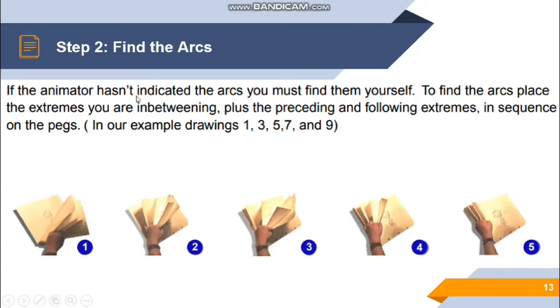If animators haven't indicated the arcs, you must find them yourselves. To find the arcs, place the extremes you are in-betweening, plus the preceding and following extremes, in sequence on pegs. In our example, we have here 1, 3, 5, 7, and 9. So we have here your in-betweens: this is number 2 and this is number 4.